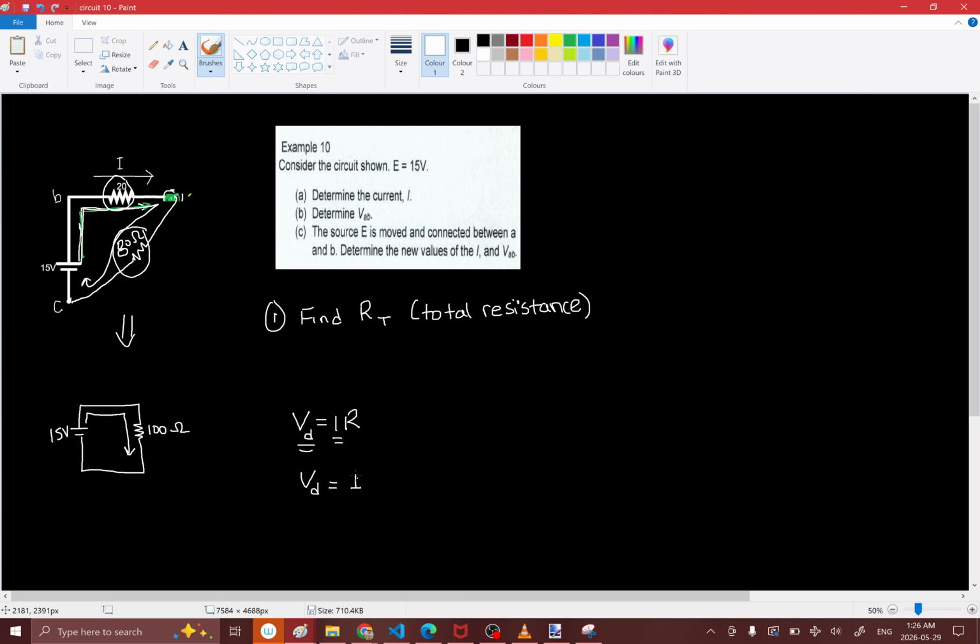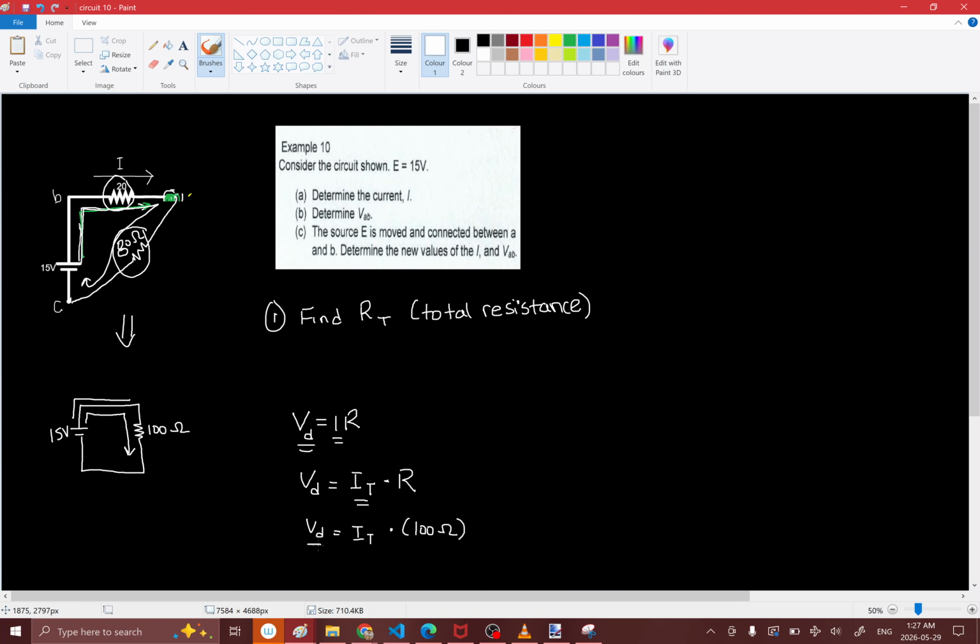In that case, it's going to be the I total, the total current coming out of the battery, right? Everything that the battery can release is going down this resistor. So that's IT, and the resistance of the resistor it's going through is just 100 ohms. So let's write that out. So VD is equal to IT multiplied by 100 ohms.